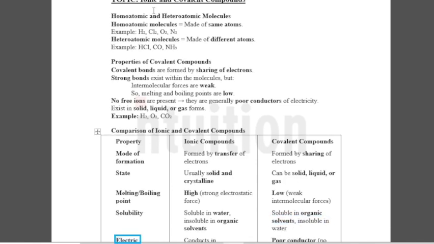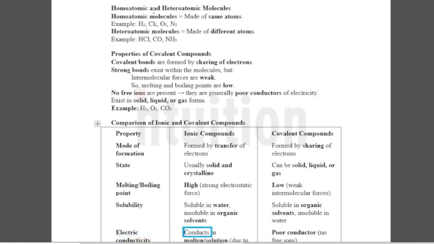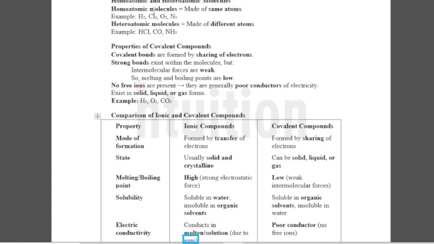Electric conductivity: ionic compounds conduct in molten state or solution due to ions; covalent compounds are poor conductors, with no free ions.